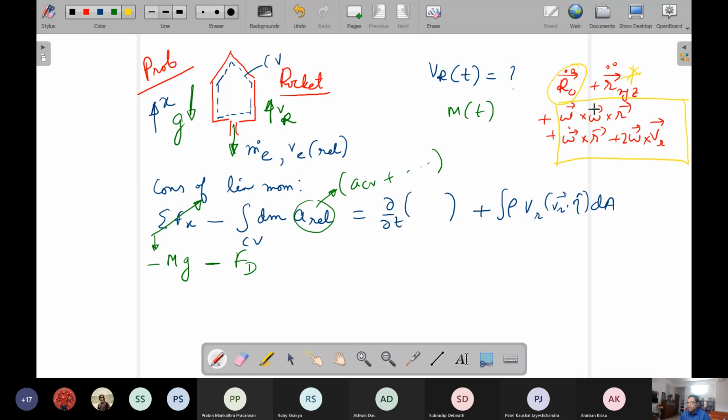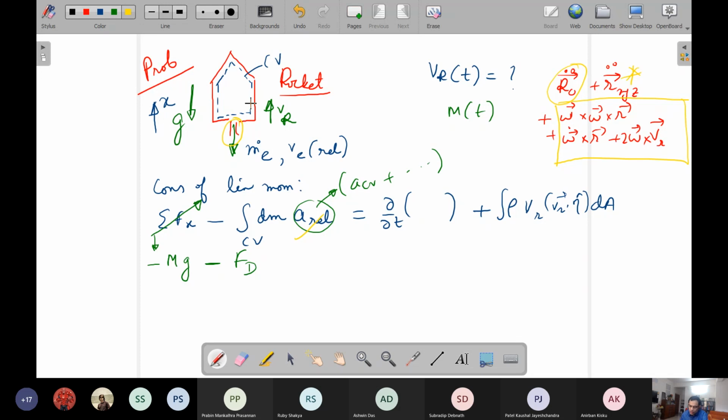So this is nothing but the velocity of the fluid relative to the reference frame attached to the rocket. And remember that this is the volume integral we are talking about inside the control volume. All the velocity which is generated of the fluid relative to the rocket is primarily due to this narrow passage, the nozzle by which the products of combustion are coming out.